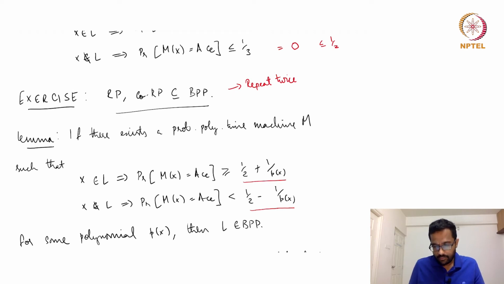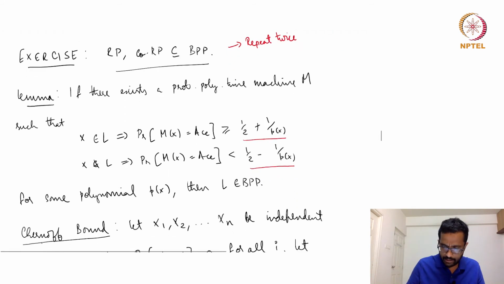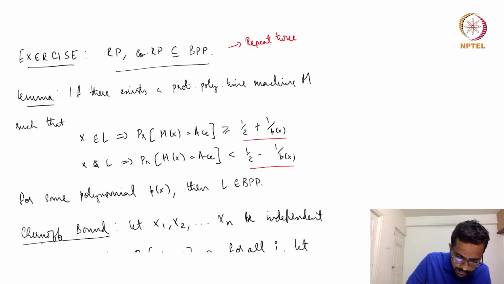So the only gap we are requiring is half plus inverse polynomial when X is in the language, and half minus inverse polynomial, that is the upper bound, when X is not in the language. Strictly speaking, it is p of the size of x, because x is the input and the length of the input is what we are referring to. Then L is in BPP.